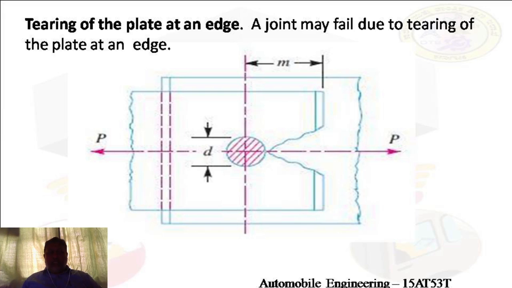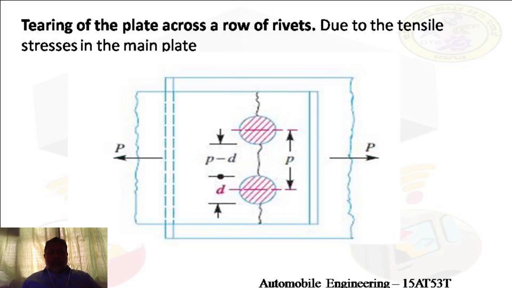The margin is m here, and if the margin is less than 1.5d, the plate will tear or failure occurs.